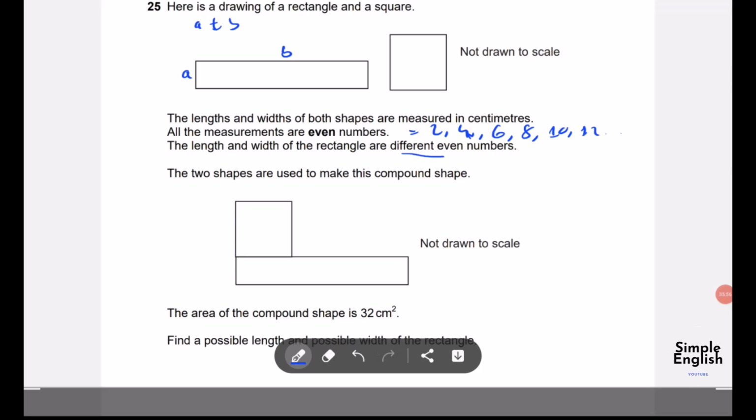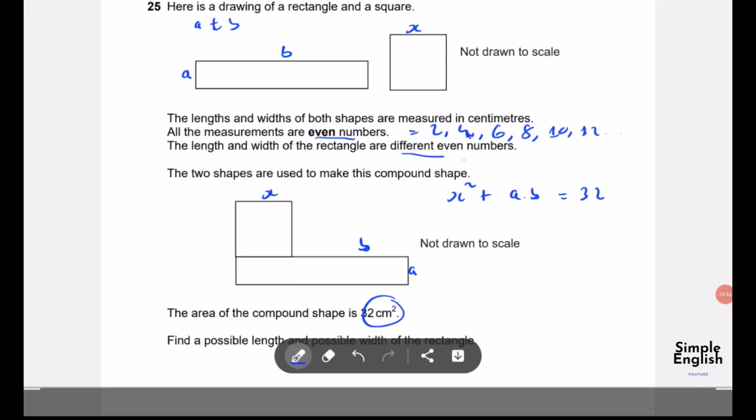Okay, so I call the side of the square x. So this one is x, and this one is A and B. So for the compound shape, we have x squared plus A times B equals 32. Remember, the compound shape is 32. All the measurements are even numbers, right? That's why we need to try.